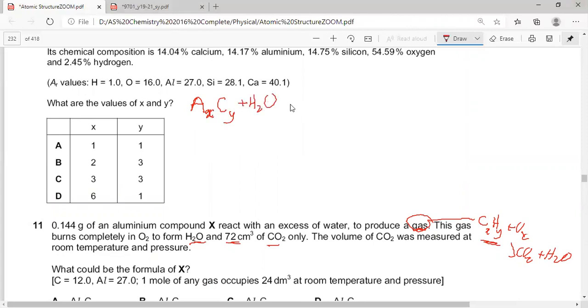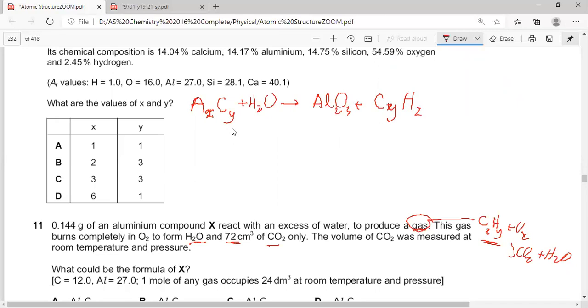Don't care if it's not balanced. It gives you, normally, aluminium oxide, Al2O3, whatever, plus now here is CY, H, Z, let's call it.